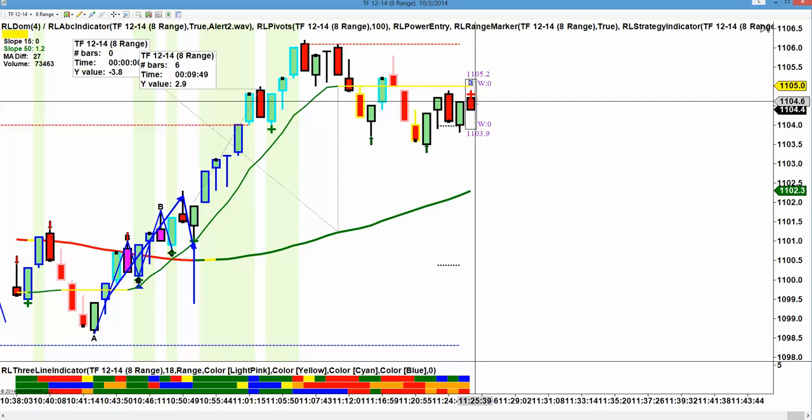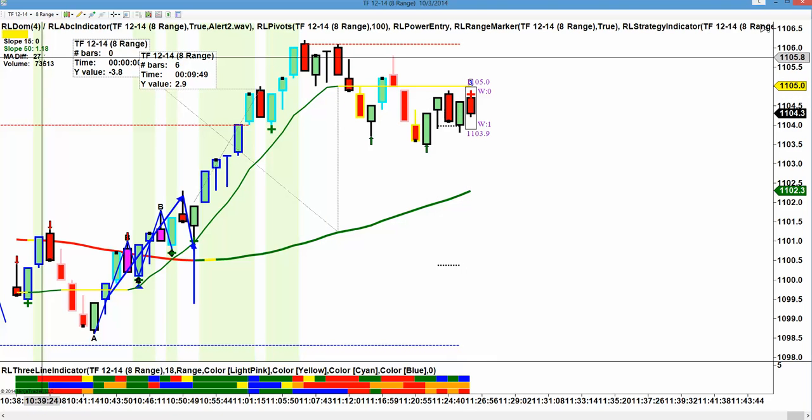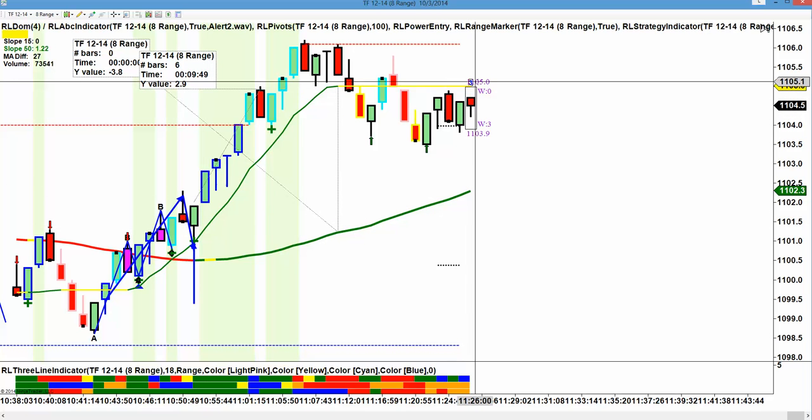It calculates every single parameter. The MA diff is right up here, 27. Those are all our critical numbers right here. We want to know the distance of the candle open from the 15. That's displayed in real time right here in this box.